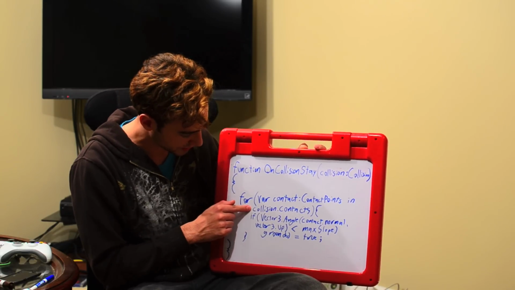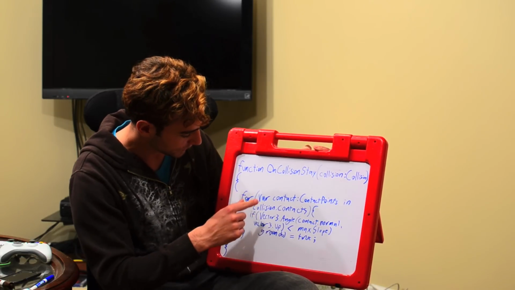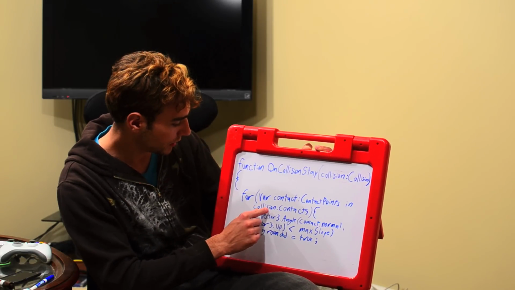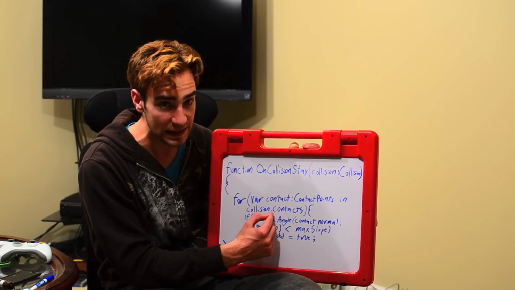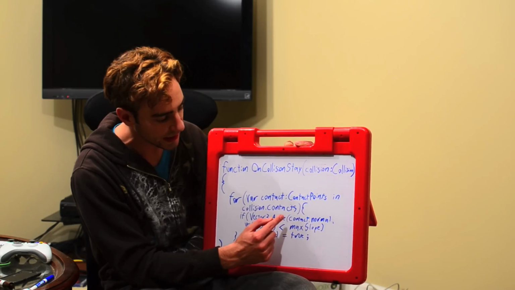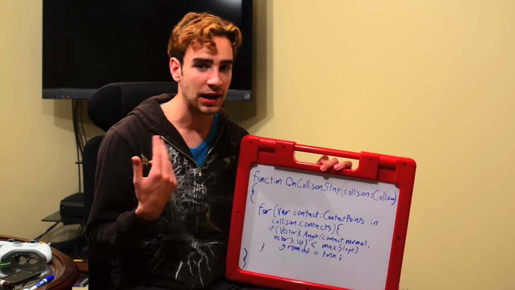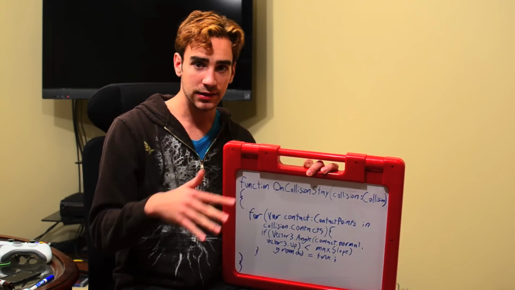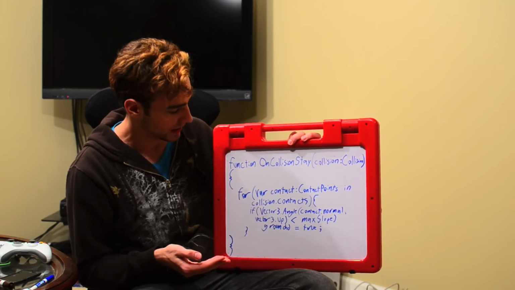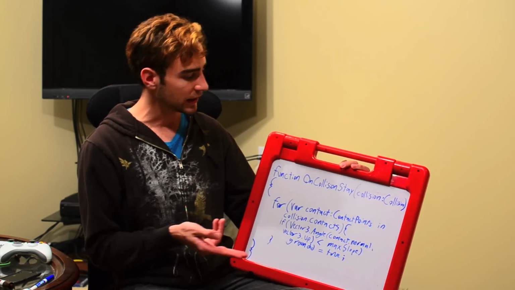Here we're using the variable that we have been given through this function, and one of the variables that we can access through a collision is contacts, and contacts is an array. These are all the different contact points, or all the points of contact that are going on in our collision right now. This could just be one contact, or this could be 20 contacts.